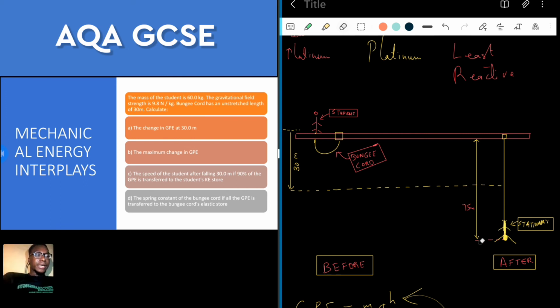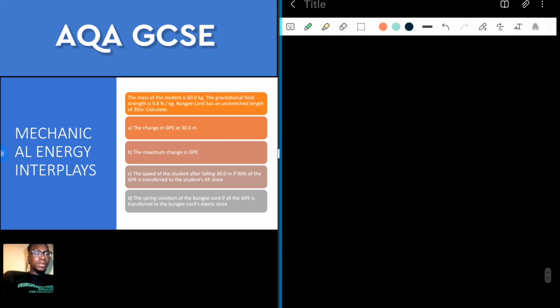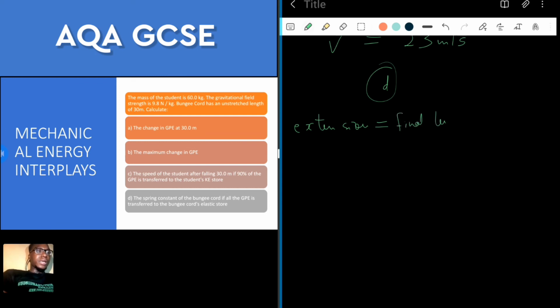Now the only thing we need to take care of is the extension. Let me just write this down. For question D, the extension equals the final length minus the original length.